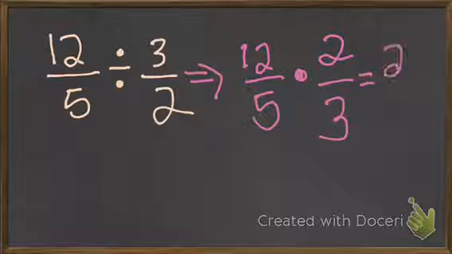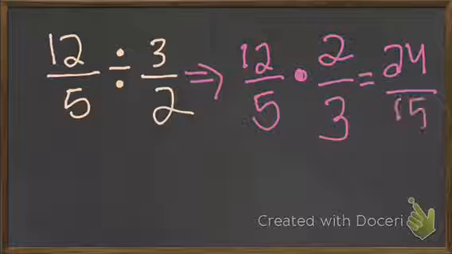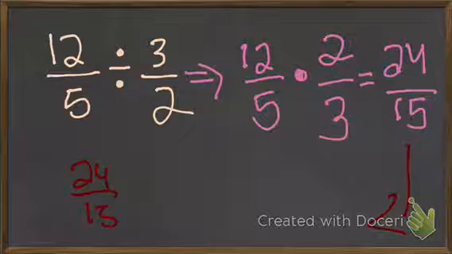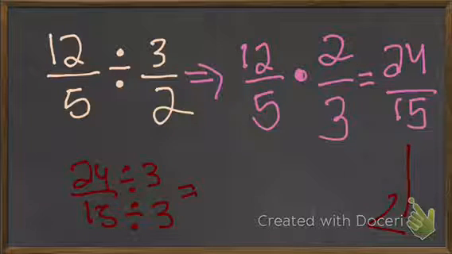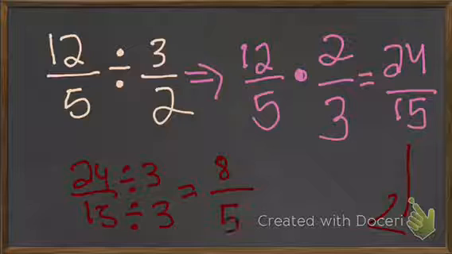12 times 2 is 24, 5 times 3 is 15. Now, if you notice, 24 over 15 can be simplified, so I'm going to divide top and bottom by 3. 24 divided by 3 gets me 8, and 15 divided by 3 gives me 5.